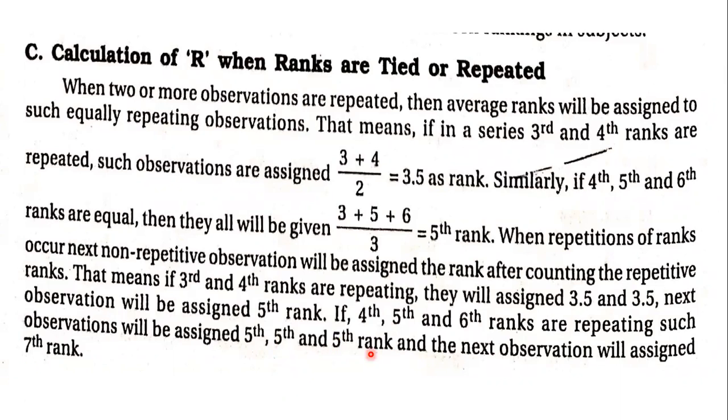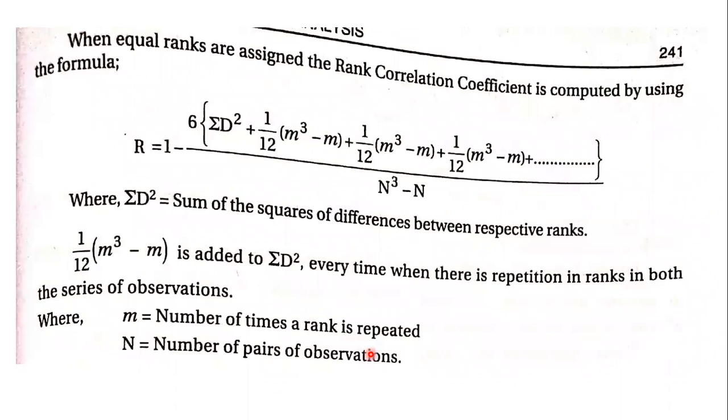Now let us go directly to the problems for you to understand this. There is a formula which we will be using when the ranks are repeated. When equal ranks are assigned, the rank correlation coefficient is computed using the formula R equals 1 minus 6 into sigma d square plus 1 by 12 into m cube minus m, whole divided by n cube minus n.